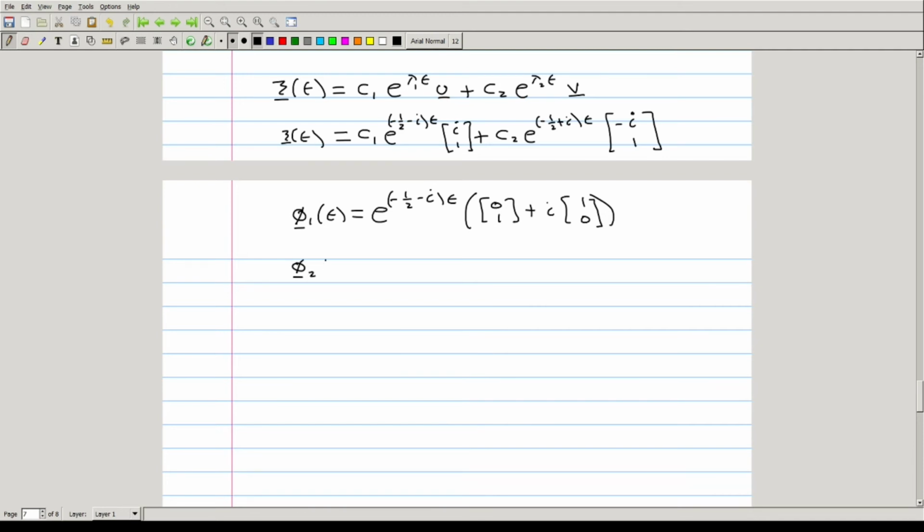And phi2 of t is e to the negative 1/2 plus i times t times the vector 0, 1 minus i times 1, 0. In general, when we have a pair of complex eigenvalues and eigenvectors, this is going to be what we see.